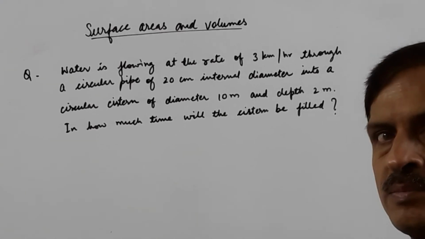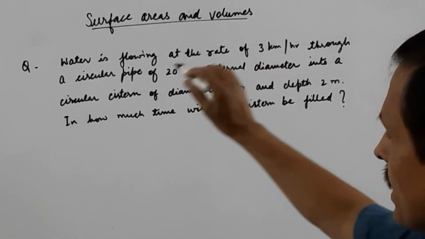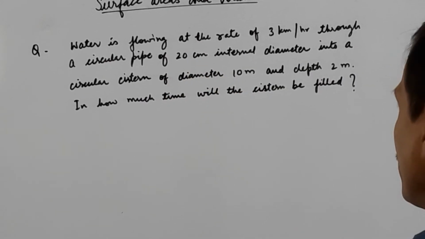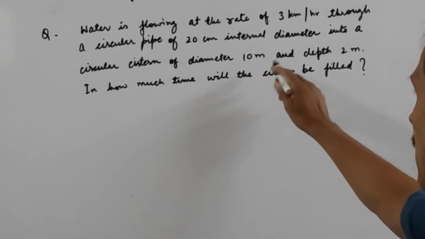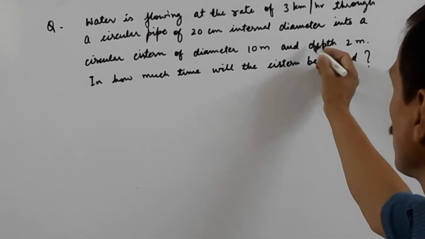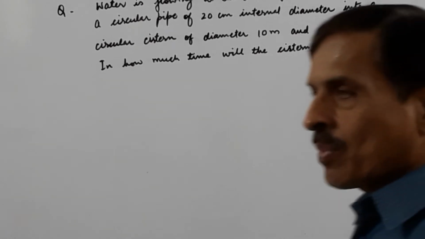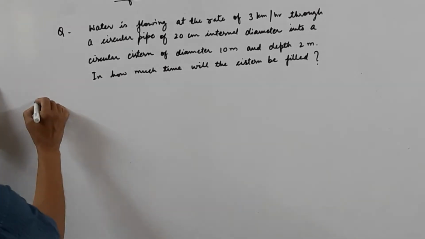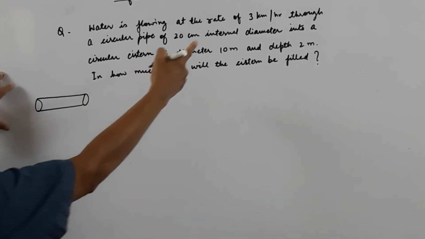In the next question, water is flowing at a rate of 3 km per hour through a circular pipe of 20 centimeter internal diameter into a circular cistern of diameter 10 meter and depth 2 meter. In how much time will the cistern be filled? So water is flowing in a circular pipe at the rate of 3 km per hour.